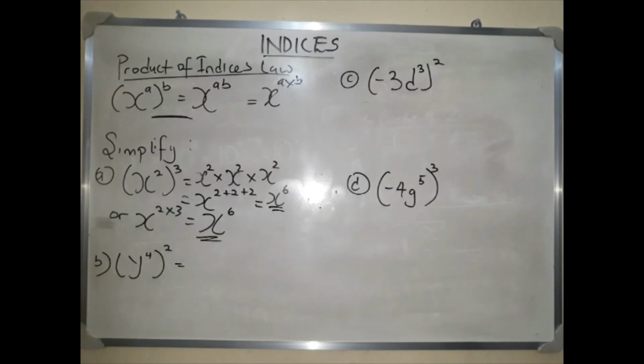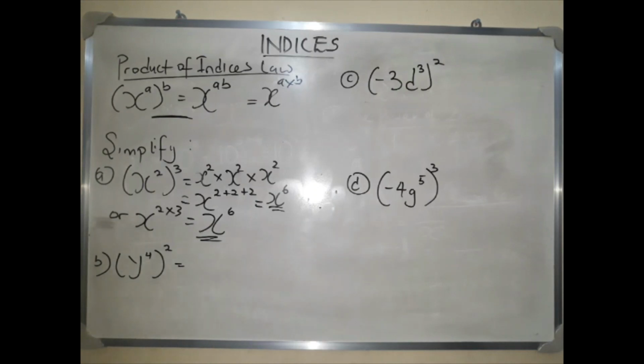So you can either multiply what is inside the bracket by the number of times indicated outside the bracket, or you can just use the product of indices law and multiply the indices together.